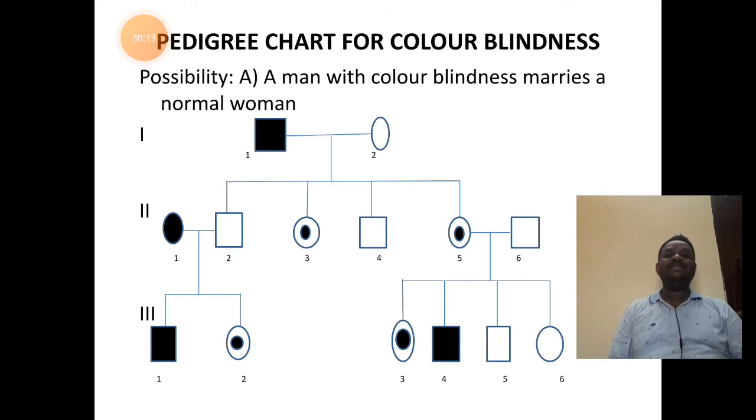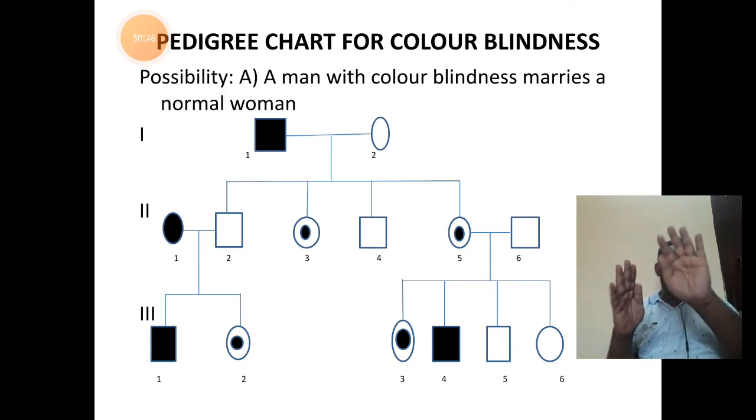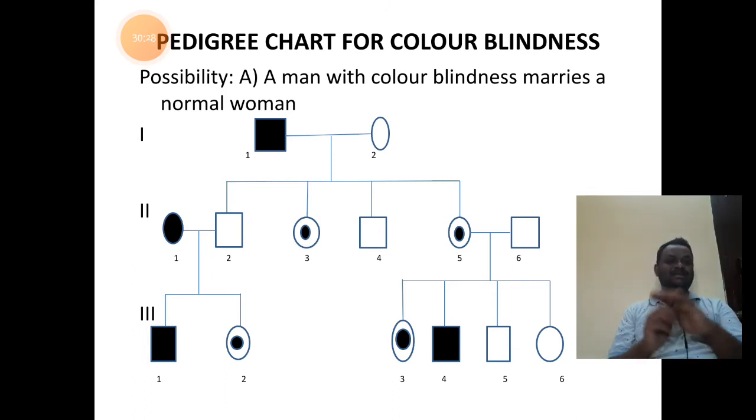When we look at the pedigree chart of a colorblind individual, a man is colorblind and marries a woman of normal vision. In the first generation, the man is affected, so the symbol is shaded. The woman is normal, so it is an unshaded circle.